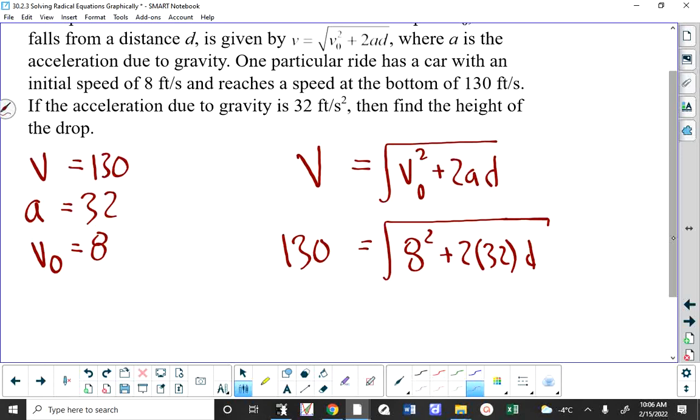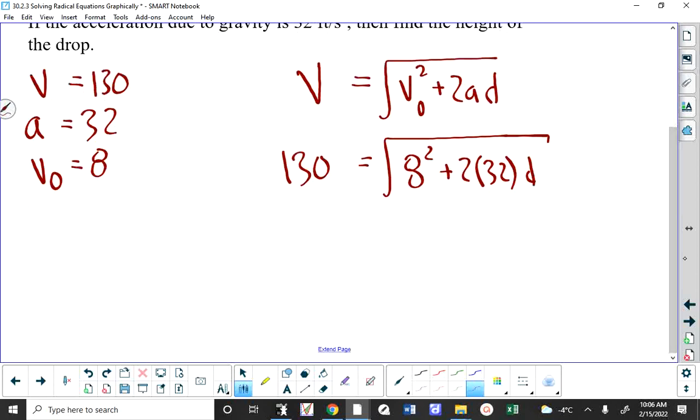Look, this is simple. Square both sides. I think 130 squared is 16900, but you can double check that. When I square the right side, the square root goes away, and I'm left with 64. 8 squared is 64, plus 2 times 32 is also 64d.